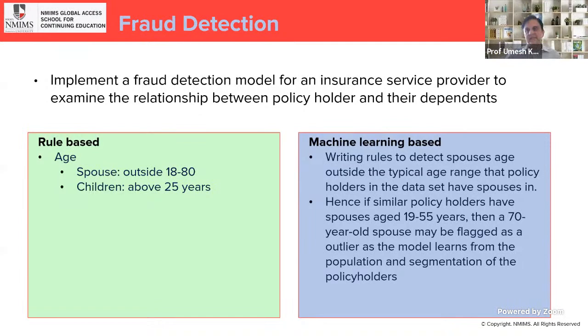Because machine learning does it, there is faster processing, number one, and it does it based on the behavior of the person, and therefore it flags anything which is out of the ordinary.